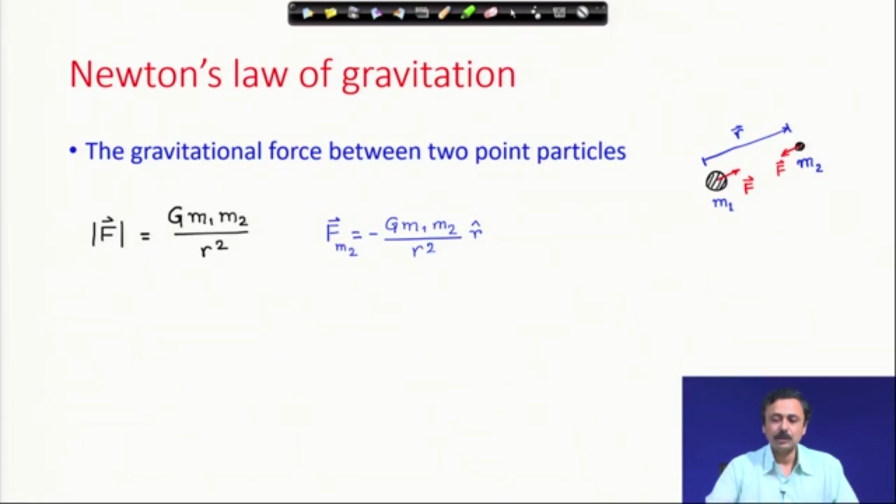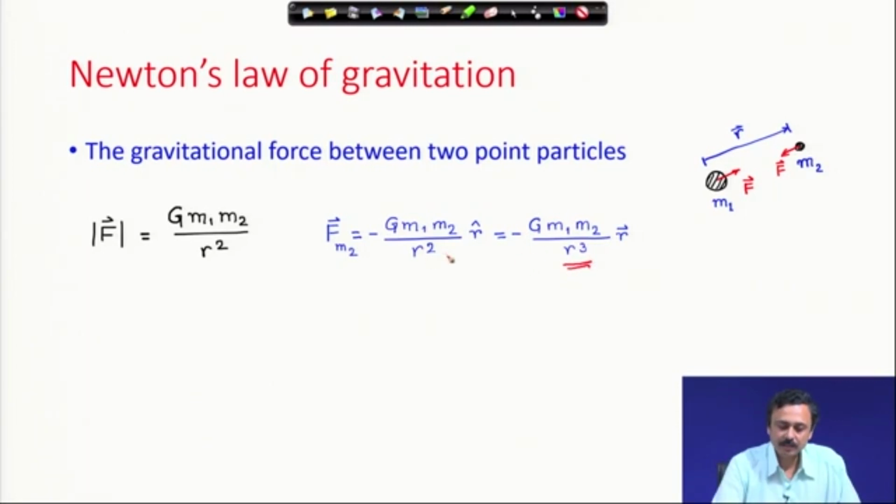You will notice that I have shown r with a certain direction. This r vector, the direction is from m1 to m2. Therefore, this force vector on m2 is in the direction of minus r cap, and this can be written in this form, which is also a very useful form, minus G m1 m2 by r cube.